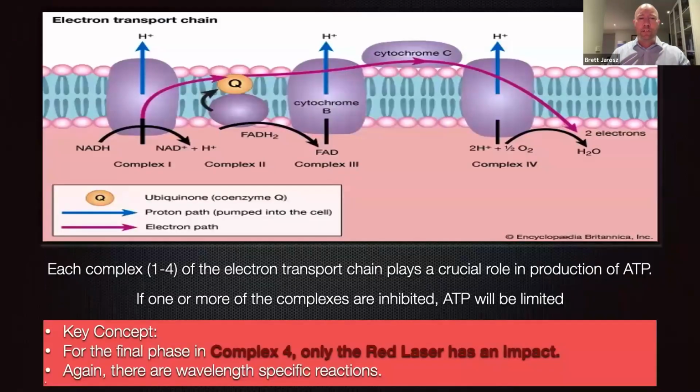Now, each complex, again, just a different picture of that mitochondria there. So complex 1 to 4 of the electron transport chain, again, as we know, has a crucial role in producing ATP. If one or more of the complexes are inhibited, ATP production will be limited. So the one thing I always think about, from a condition point of view, when we think of ATP, which is obviously all of our cellular energy, is chronic fatigue syndrome. It immediately stands out in my mind: ATP production, fatigue.